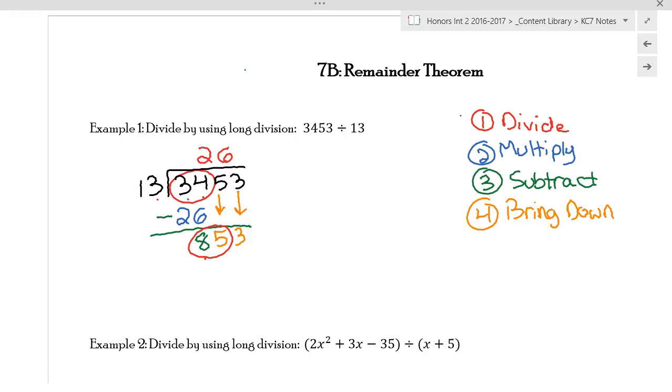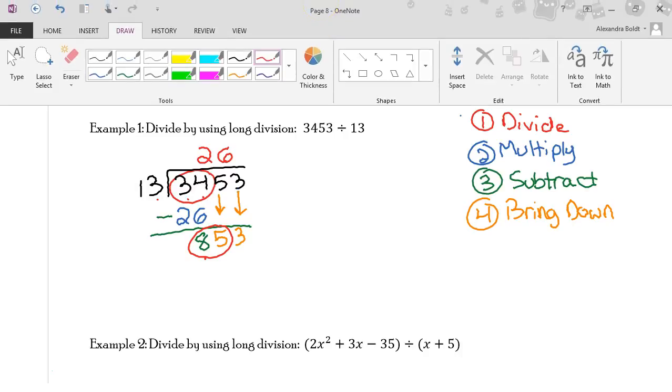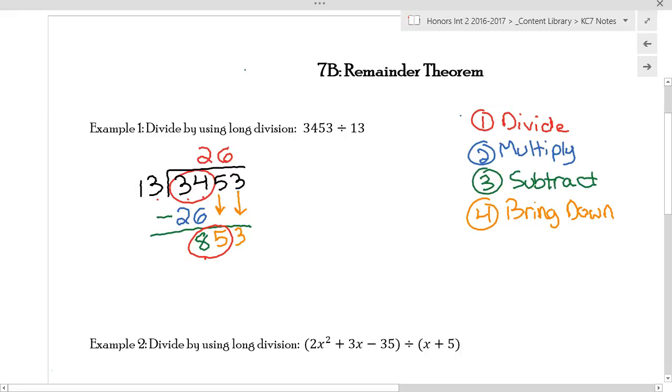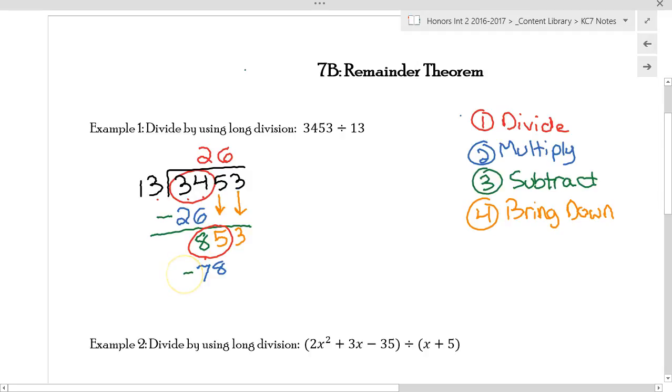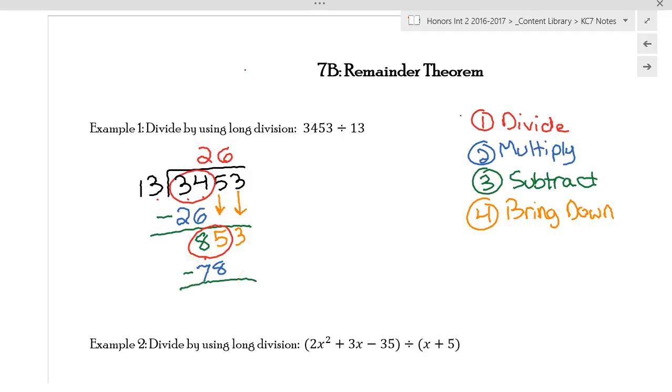And then 6 times 13, you get 78. So that's our multiplication step. 6 times 13 is 78. Then we have our subtraction step, and we get 7. 85 minus 78 is 7.